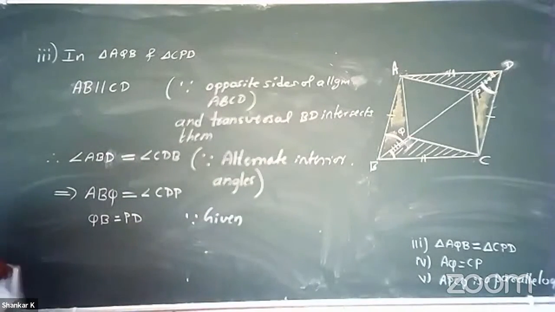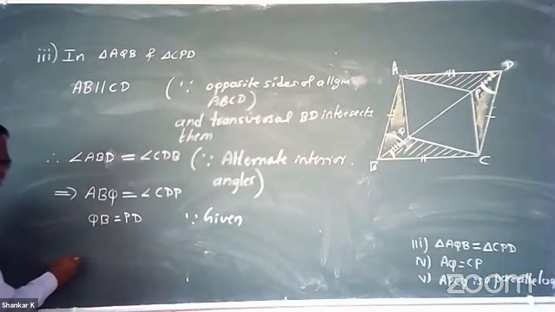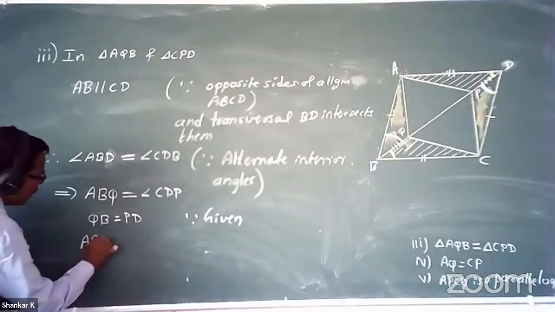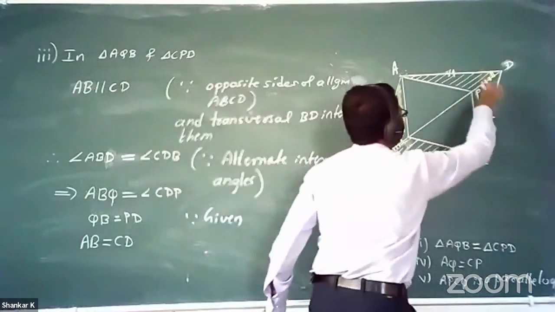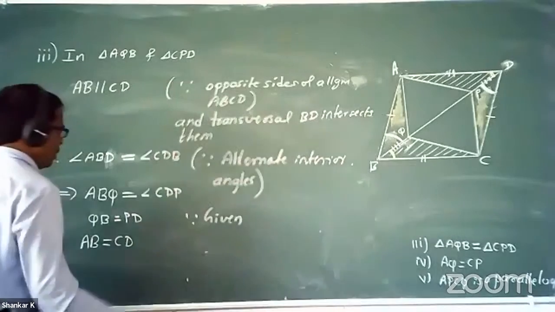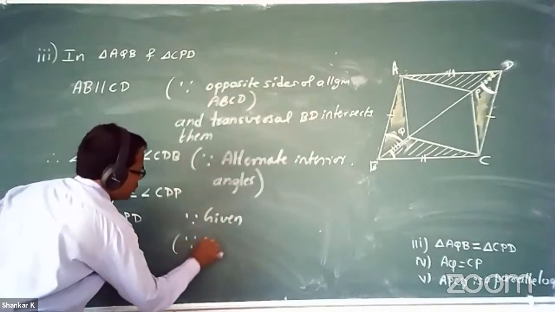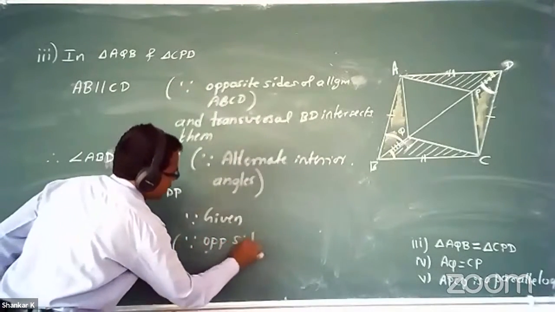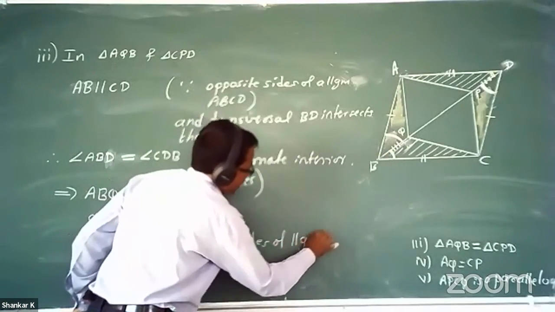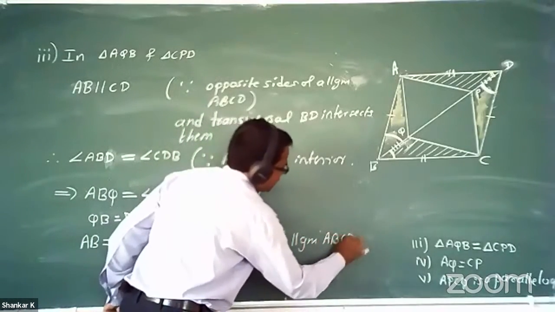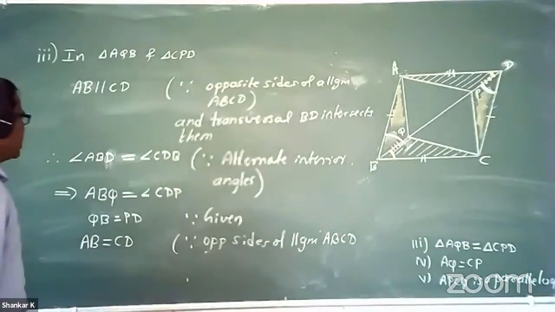Next, one more part is AB equal to CD. Where is AB? This is AB and CD. These are opposite sides of parallelogram. That's why these are equal. Now, 3 points are there.